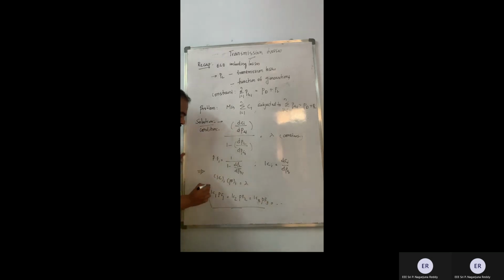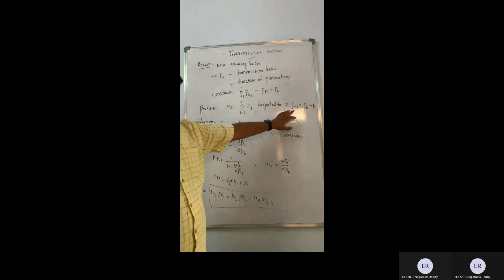This was the condition for economic load dispatch, including the losses, which means that the product of incremental cost and the penalty factor at any plant must be constant, which means that the product of incremental cost and penalty factor of each plant must be the same. This was what we discussed yesterday, and this was the condition for this problem.